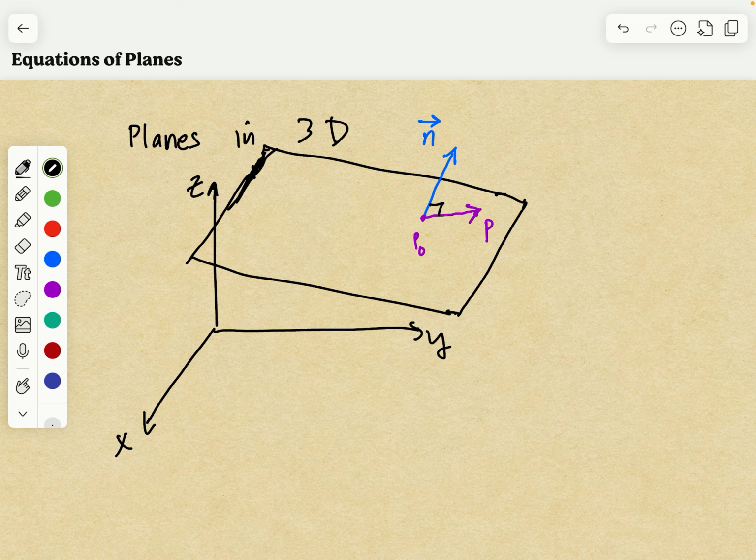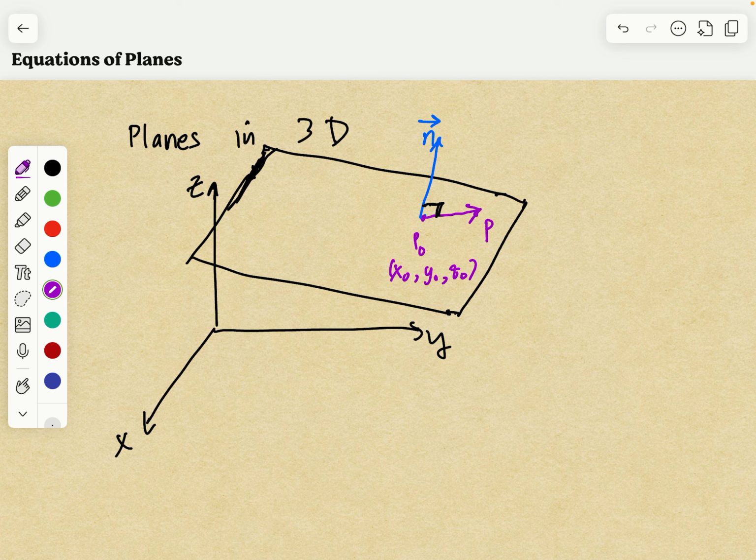Maybe that's not looking like a 90-degree angle, so maybe n looks more like this, but this is in perspective, right? So you get a 90-degree angle like this. So let's say that P0 is x0, y0, z0.